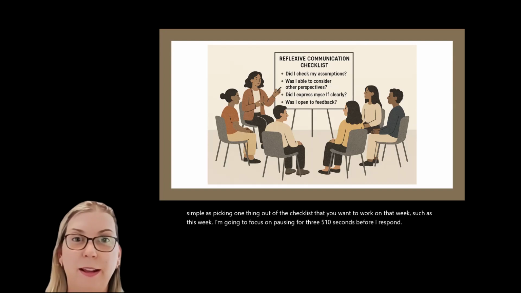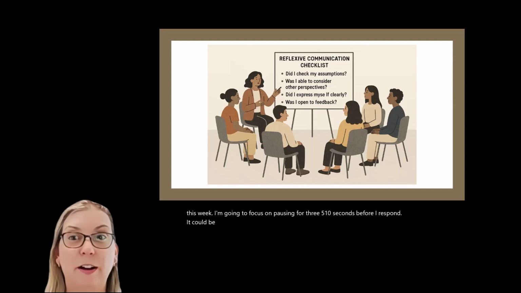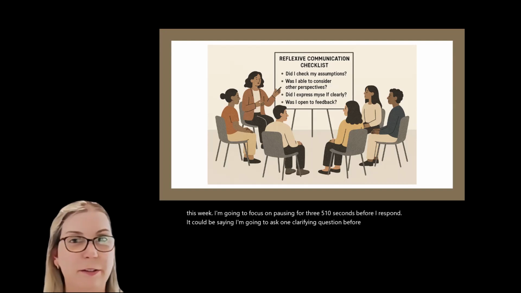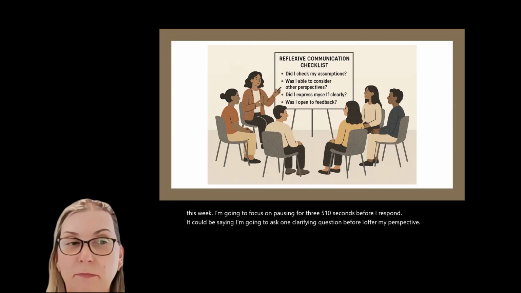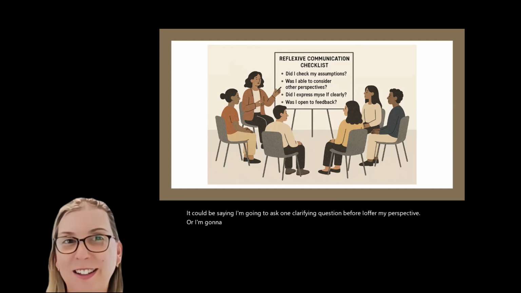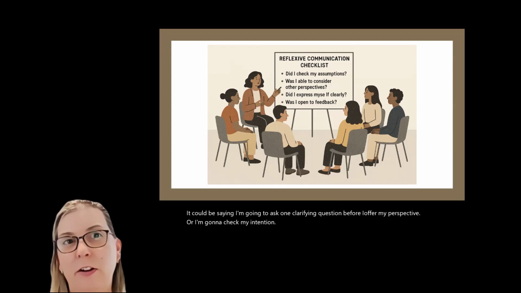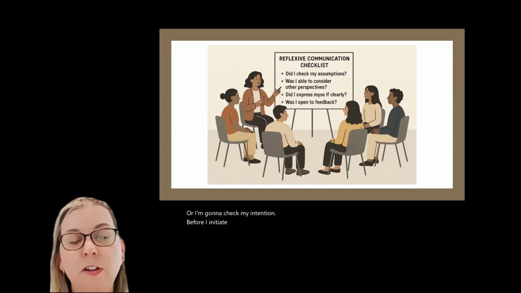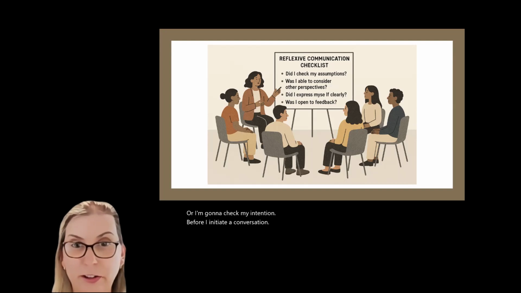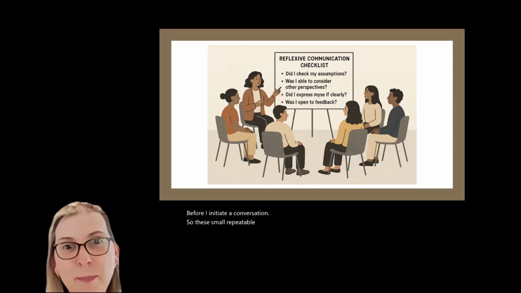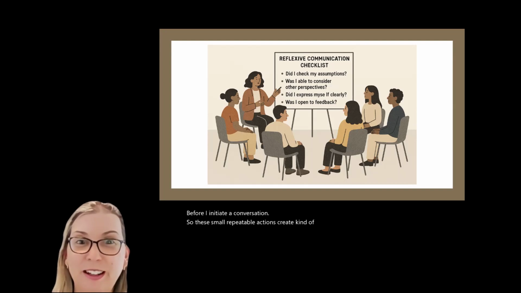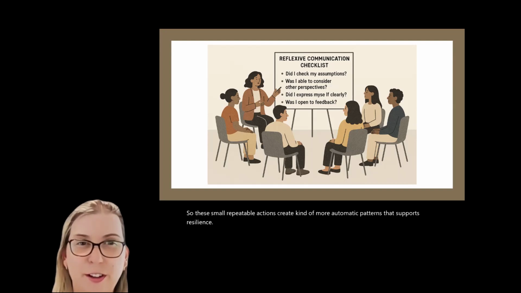It could be saying, I'm going to ask one clarifying question before I offer my perspective. Or I'm going to check my intention before I initiate a conversation. So these small repeatable actions create more automatic patterns that support resilience and effective communication.